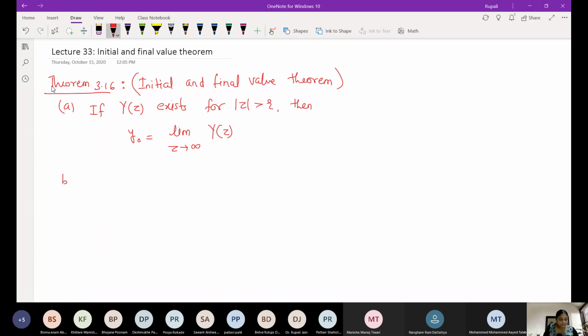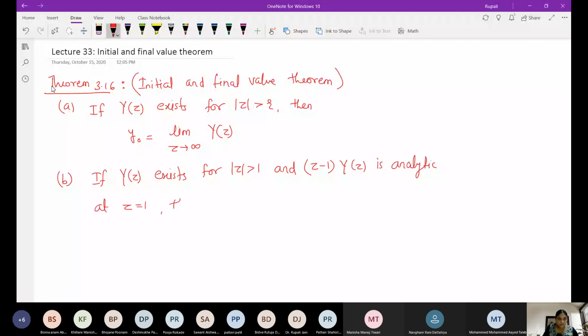And B part: if capital Y of z exists for mod z strictly greater than 1 and (z minus 1) Y(z) is analytic at z equal to 1, then limit k tends to infinity y(k) is nothing but limit z tends to 1 of (z minus 1) capital Y of z.